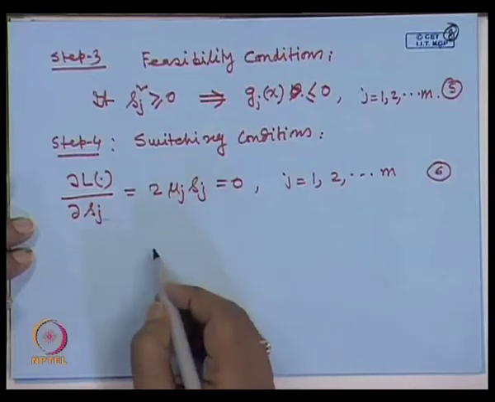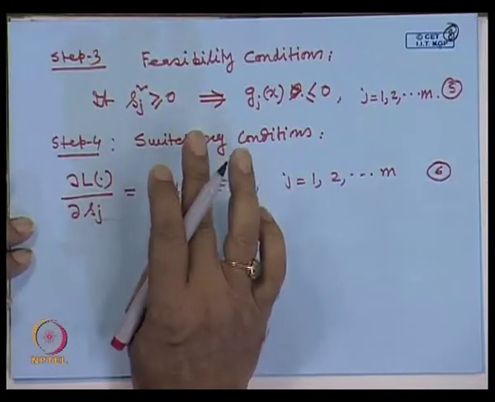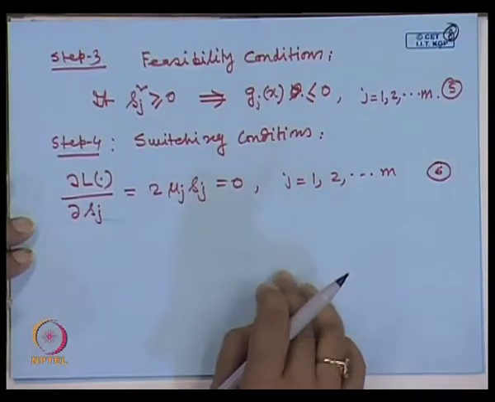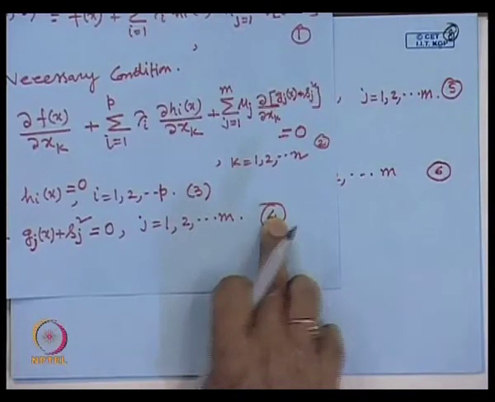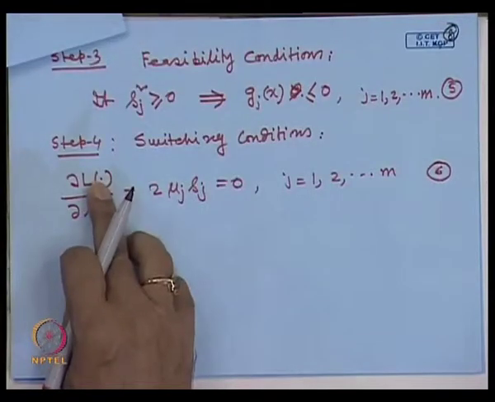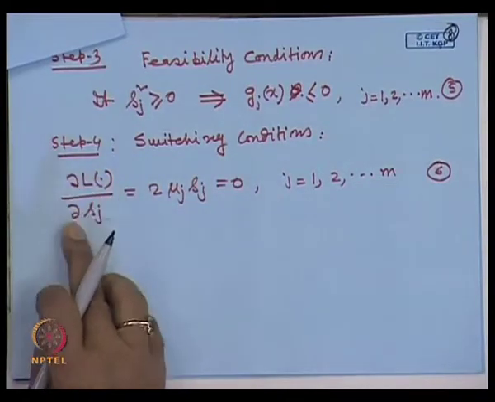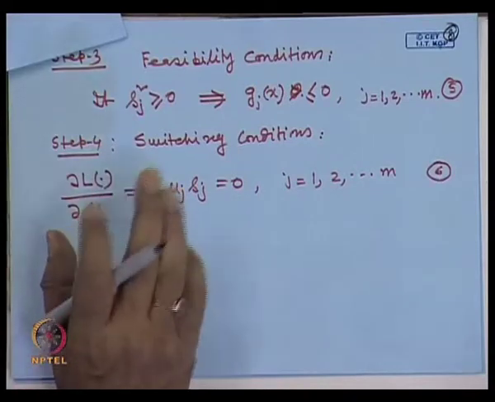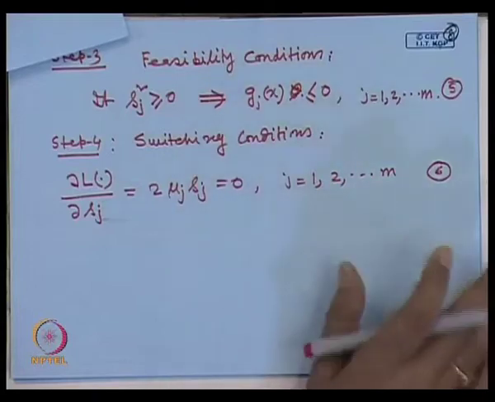So, these are all necessary conditions, step number 2, 3 and 4 equations. If you see equation number 4, which is partial differentiation with respect to mu j, and step 5 or equation 6, partial differentiation of the Lagrangian function with respect to s. These two equations we can combine together and they yield a resultant condition.